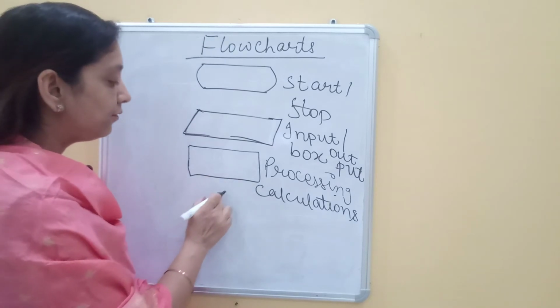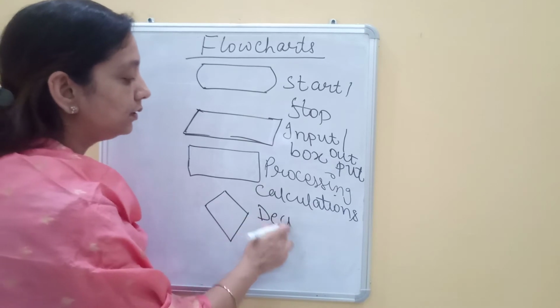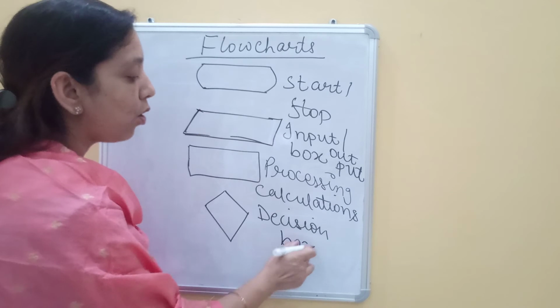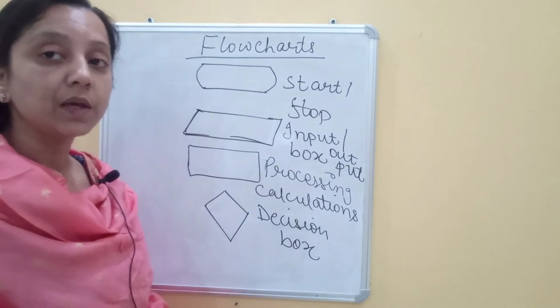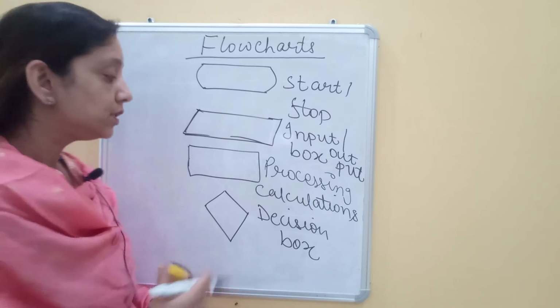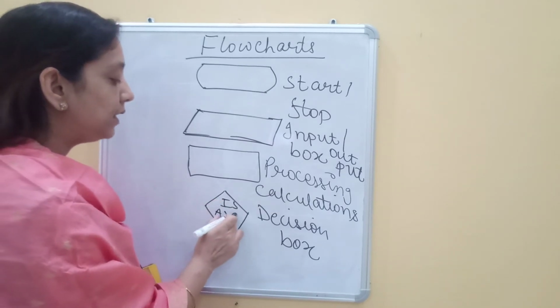Then we have a decision box. This is known as the decision box, which is used for decision making. Now there are certain points in the programming where you need to make certain decisions. As for example, is A greater than B?